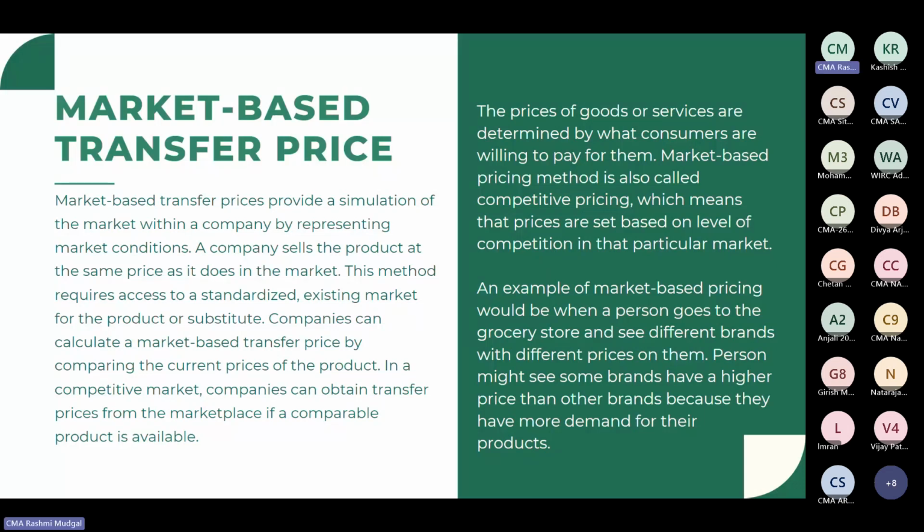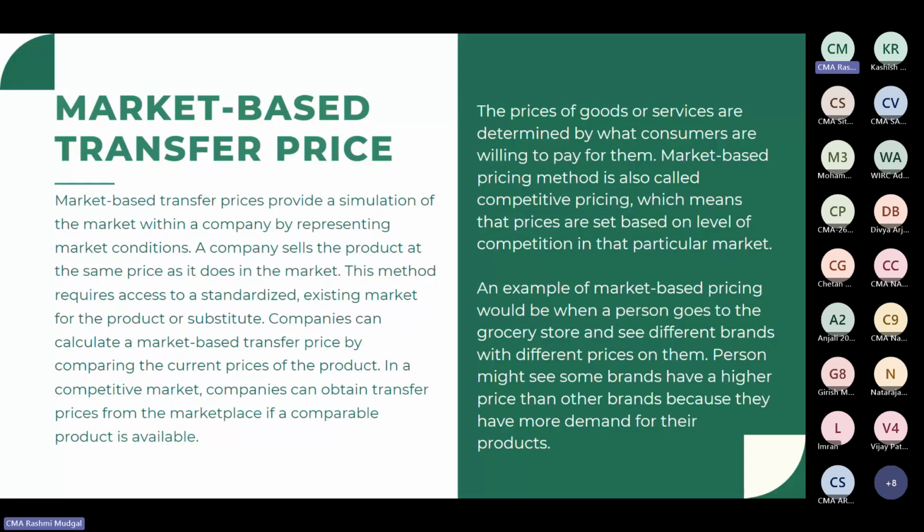Market-based transfer pricing provides a simulation of the market within a company. By representing market conditions, a company sells the product at the same price as it does in the market. The method requires access to a standardized existing market for the product or substitute.